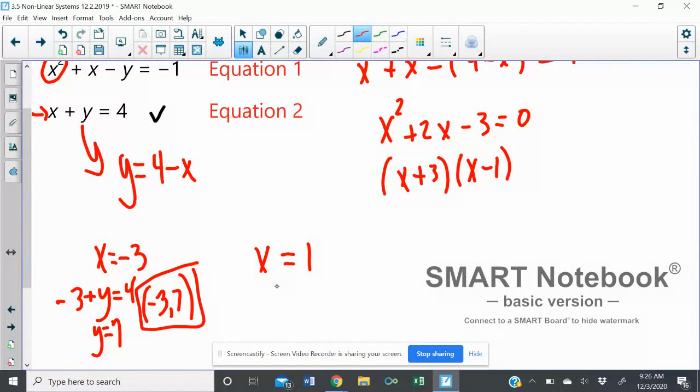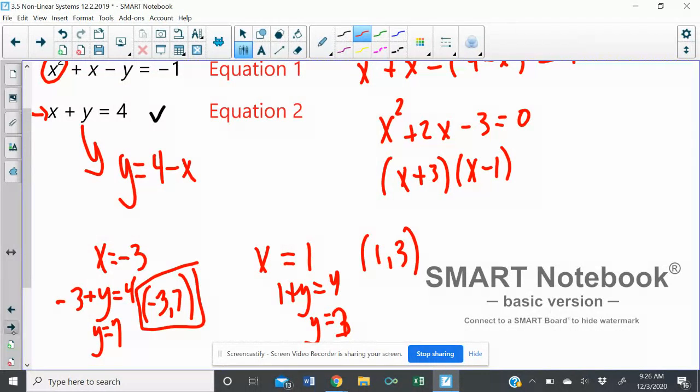Now I'm going to plug in 1. 1 plus y equals 4. So y equals 3 here. So my point here is 1, 3. And again, you can take a look on Desmos or your graphing calculator and find those two points of intersection. But this one was pretty simple to do by substitution.